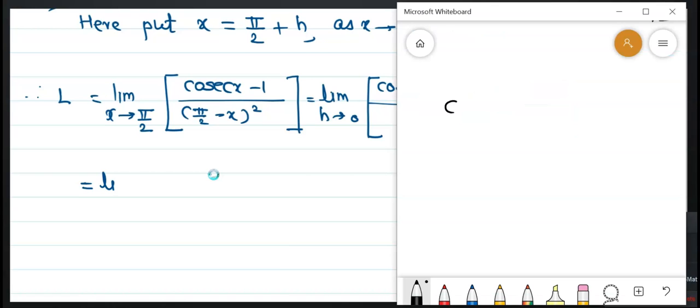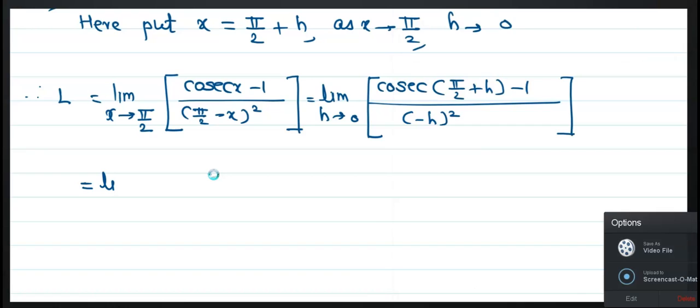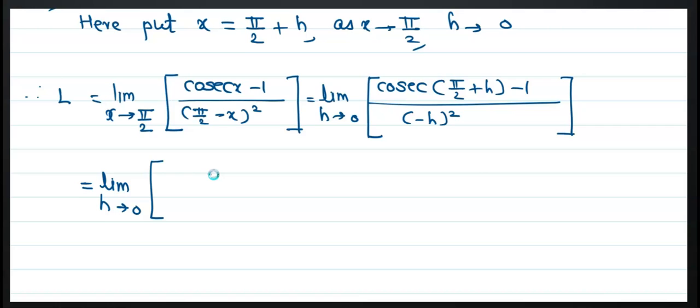So for cosec of pi by 2 plus h, we get sec h minus 1 upon minus h whole square. Therefore, you will get limit h tends to 0 of (sec h minus 1) upon h square.